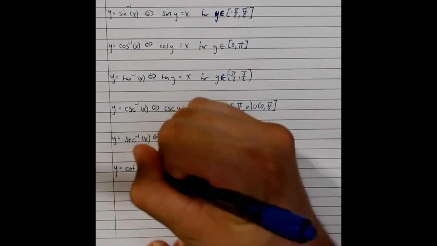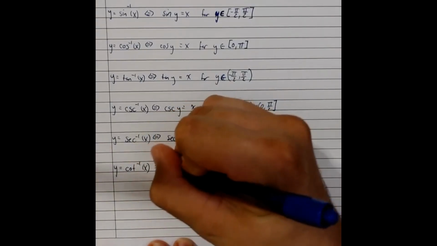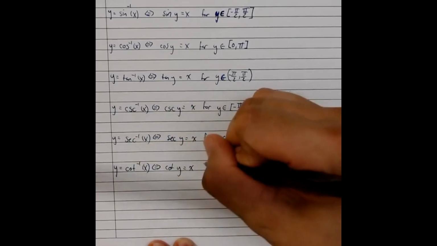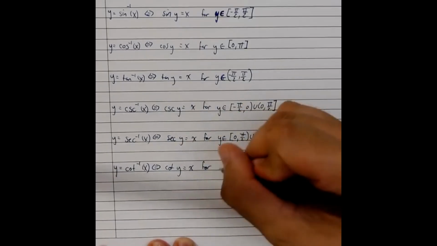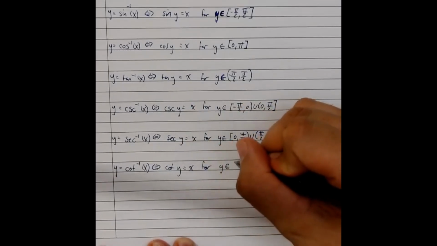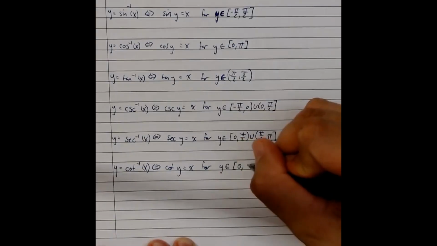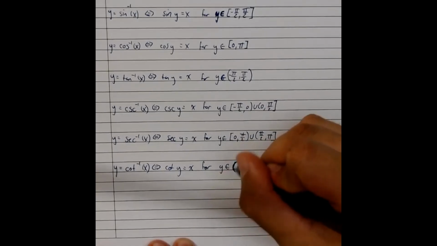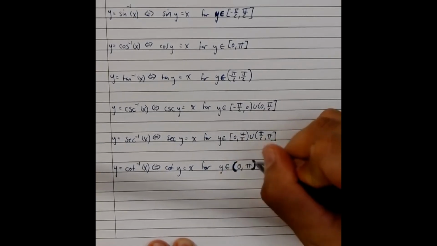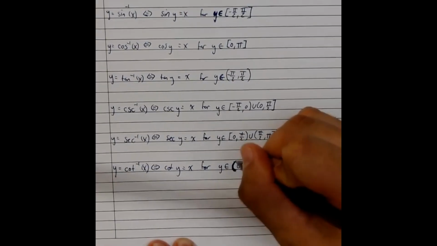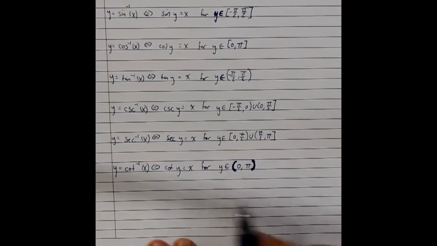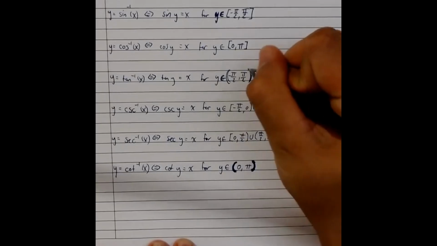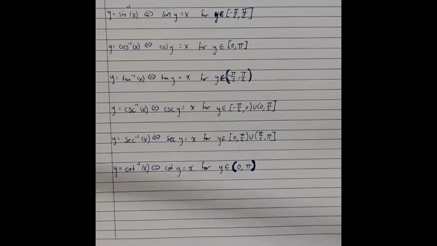So y equals the cotangent inverse of x, and that just means that the cotangent of y is equal to x for y that is in the interval from 0 to pi. Oh, but since there are asymptotes at the endpoint, we would not include those endpoints as part of the interval. So that should be an open interval, not closed. It's just like the tangent. The endpoints have to be excluded because you have asymptotes there.